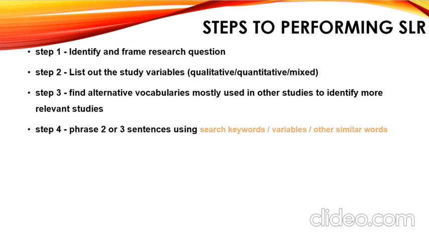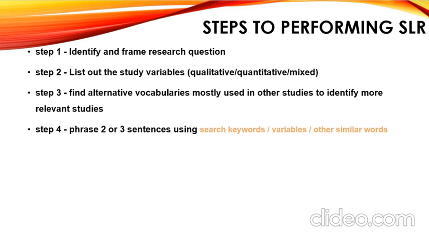For example, if I search crop diversification, it will show 1000 results. If you search multiple cropping, it may show 2000 results. So the results vary. For that, you should collect all those similar words and collect all those studies. This will reduce your study selection bias, and you cannot skip any other studies. So you are collecting all studies, right? So this is the third stage.